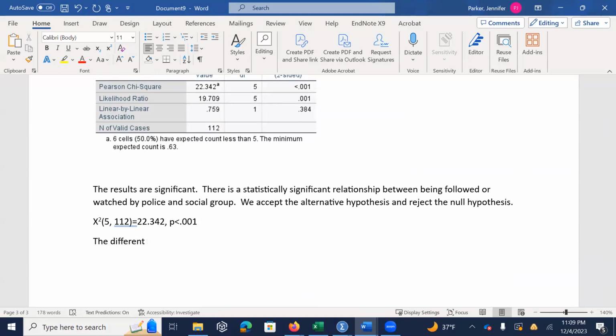Could say something like the different race, ethnic groups have disparate exposures to the police in regard to being watched.